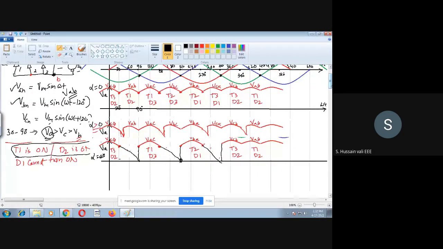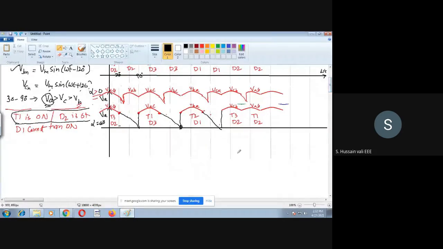Now I will take alpha equal to 90. If I take alpha equal to 90, what will happen in that case?